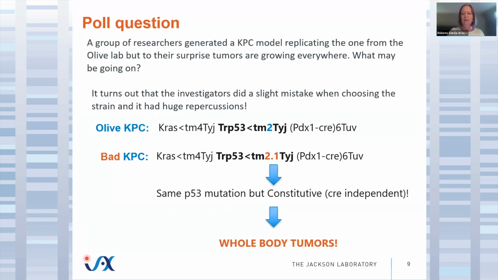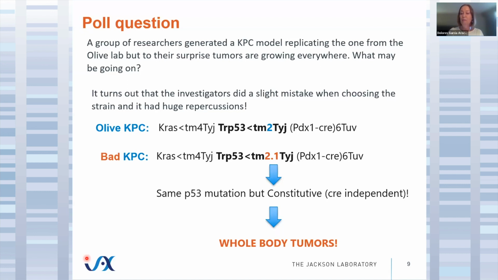What happened was, if you look more carefully at the Olive Lab KPC, they made the mistake in selecting which P53 they bought. The Olive Lab one was TM2, which stands for Targeted Mutation 2, which is the one that has the stop flox cassette there, preventing the P53 from expressing until Cre is in the tissue.